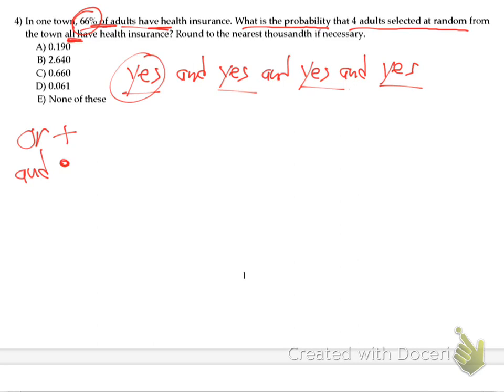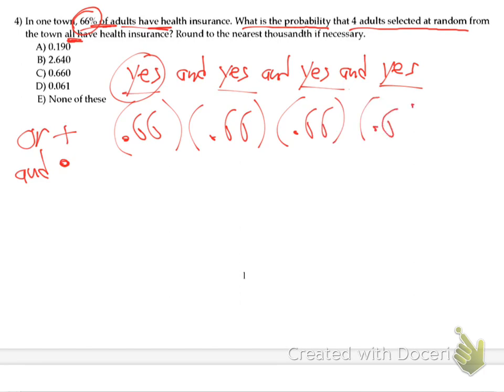Does that make sense? So that's 0.66 times 0.66 times 0.66 times 0.66. The quicker way is to use the 4th power. You know that up arrow on the TI, lower right corner somewhere? There's an up arrow, 4th power. Hit the buttons on your calculator and you'll get answer A, 0.190.